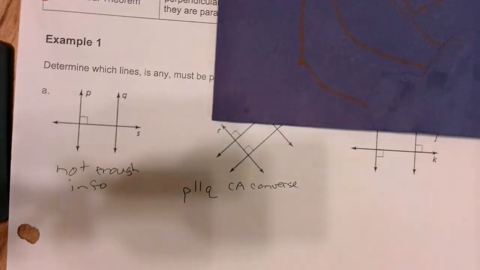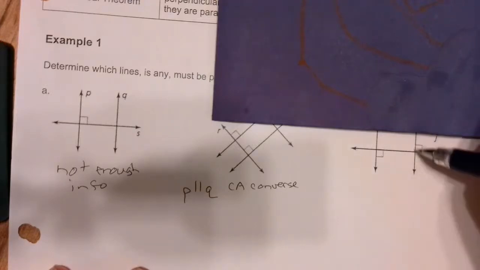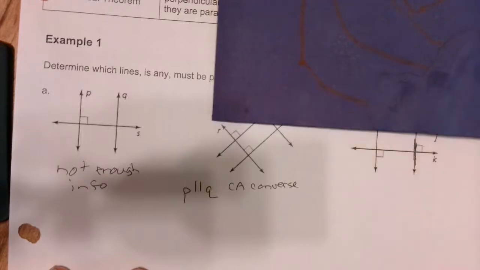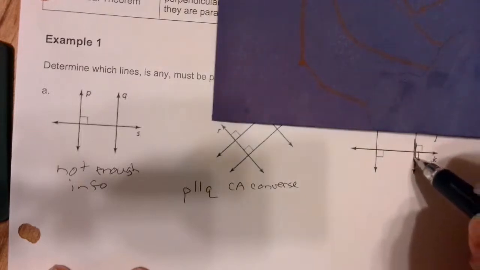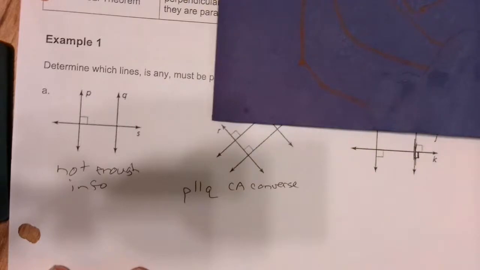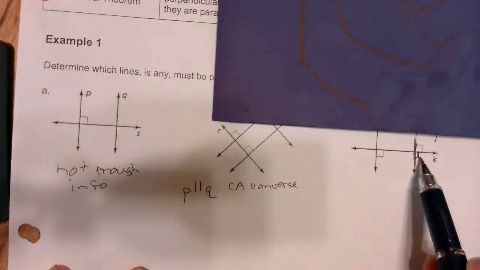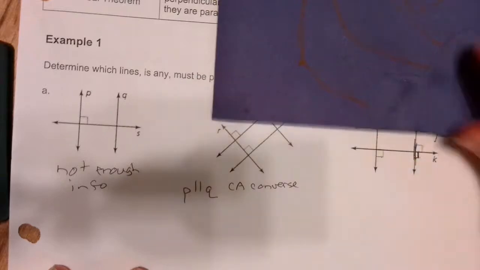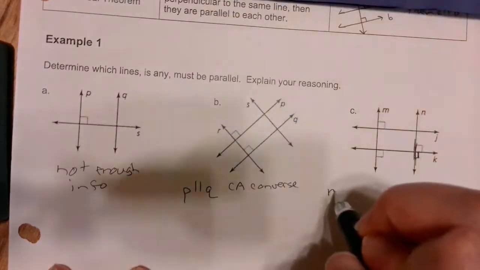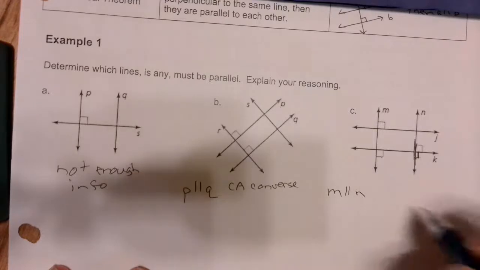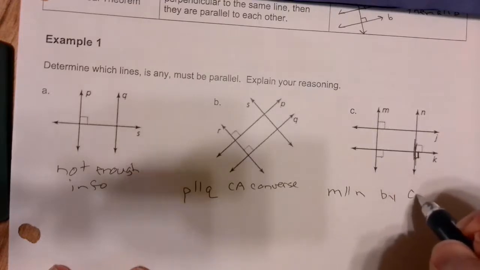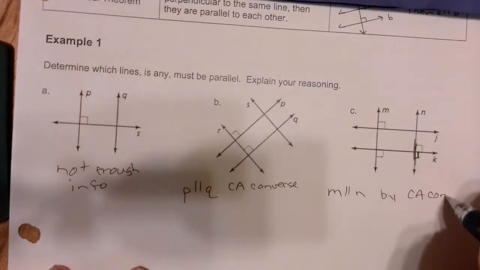They're nothing. But using the idea that this one is 90 degrees, and here we have a linear pair, they make a line. What that means is that this one must be 90 degrees also. And now we have corresponding angles that are congruent. That means M is parallel to N by the corresponding angle converse.